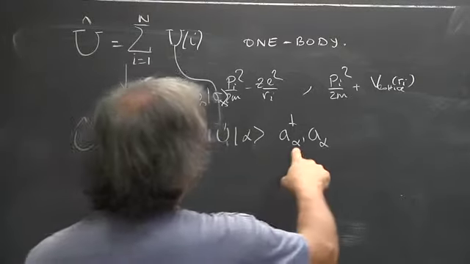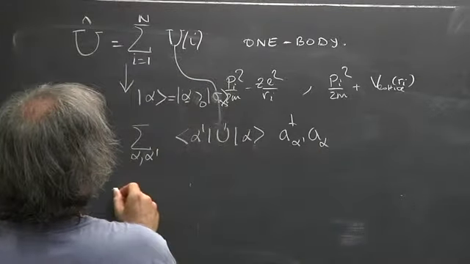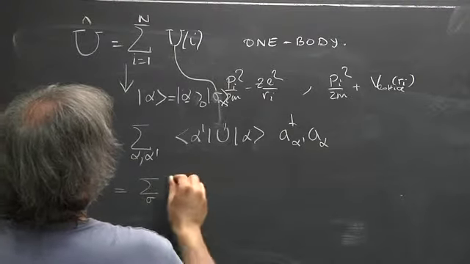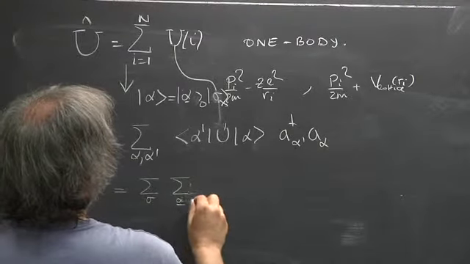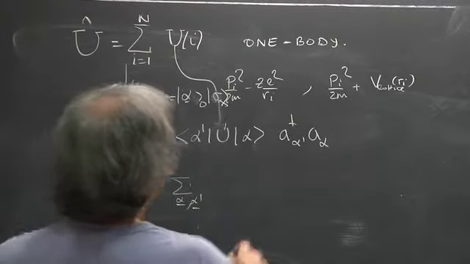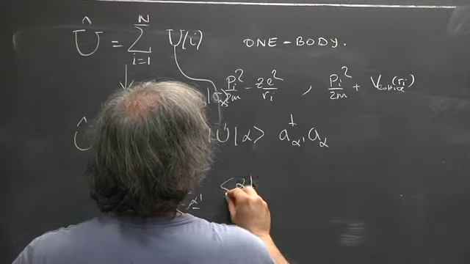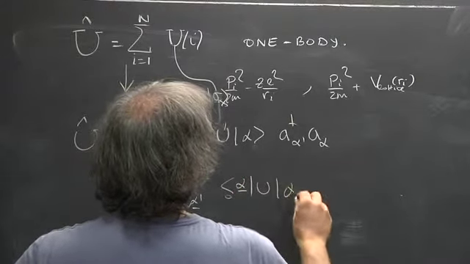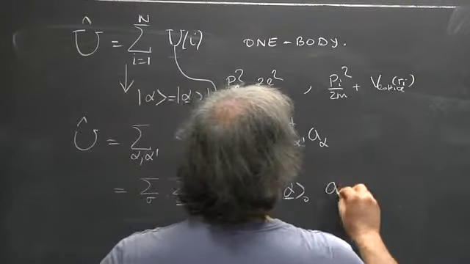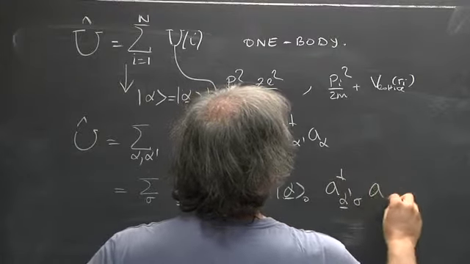So for instance, if I make the spin explicit, then I should write something like the sum over the spin, and the sum over alpha and alpha prime, only the orbital part of the quantum numbers. Then I have the orbital part of the state, the operator, the orbital part of the state, and then I have a dagger alpha prime sigma, a alpha sigma.